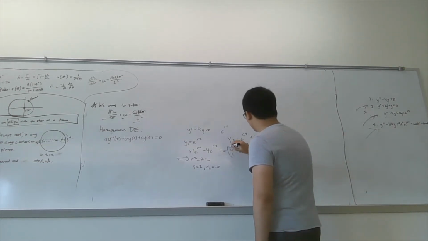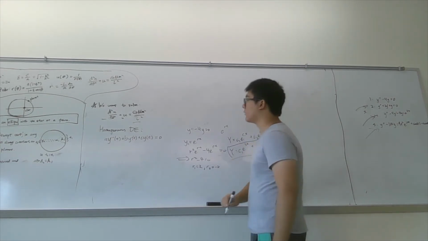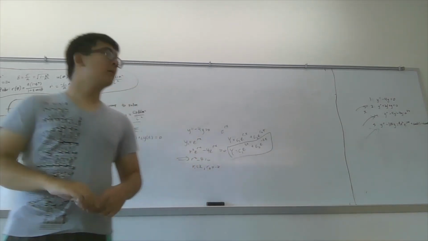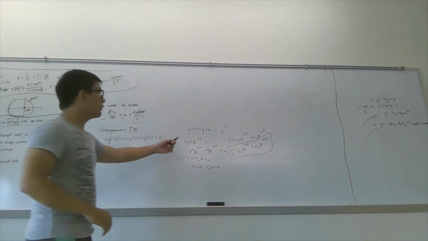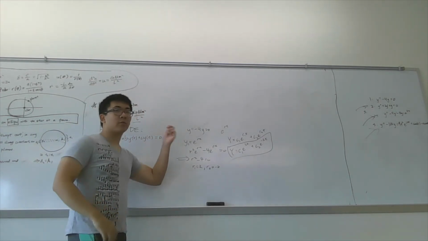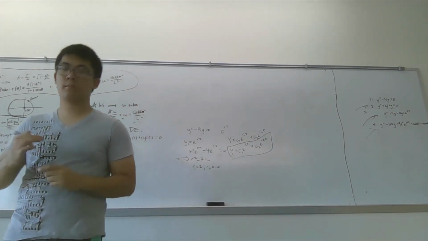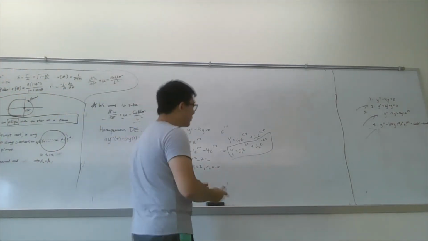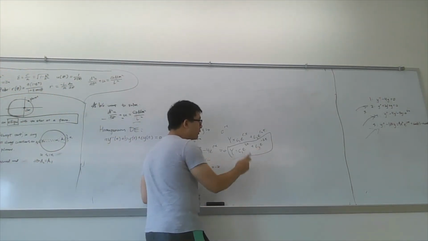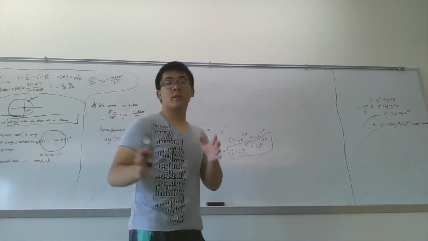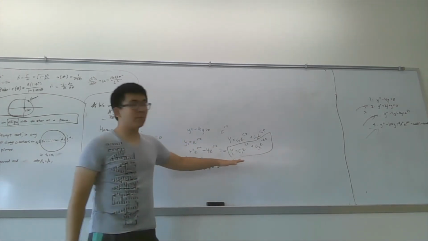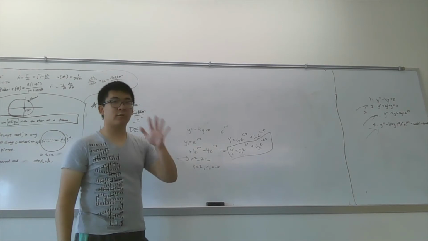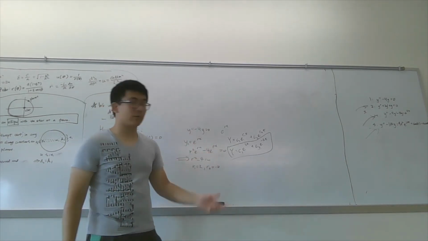So this is our general solution to this particular differential equation. And from there, you can determine what these coefficients are. Specifically, when you determine what these coefficients are, you are finding a particular solution for your situation.